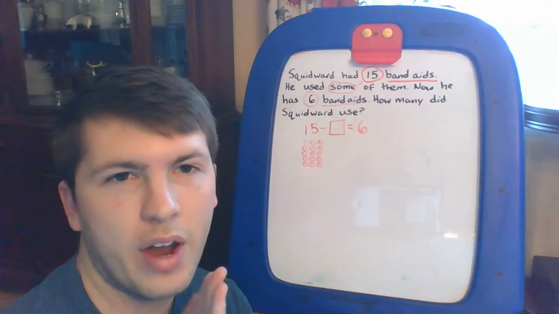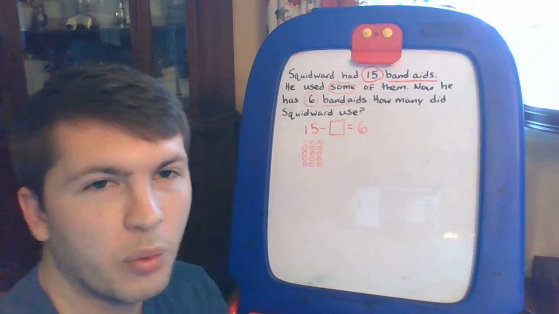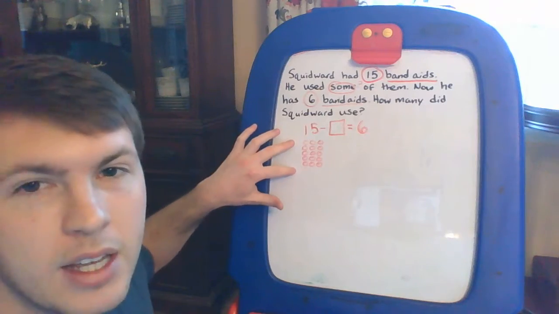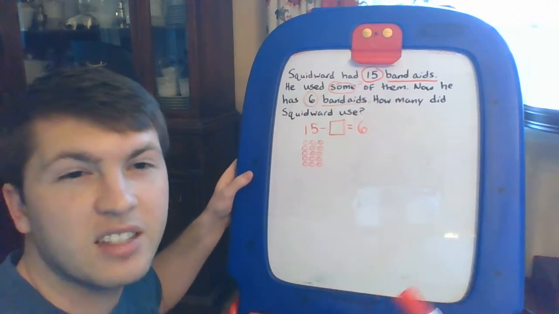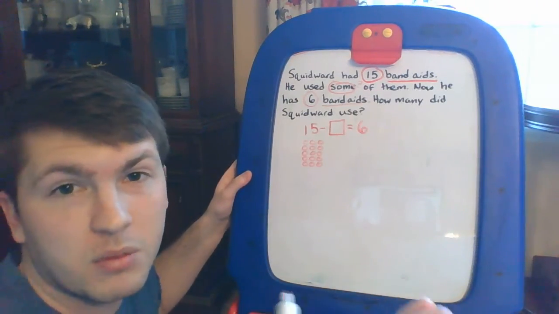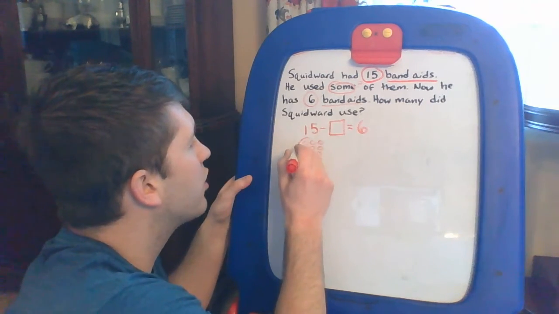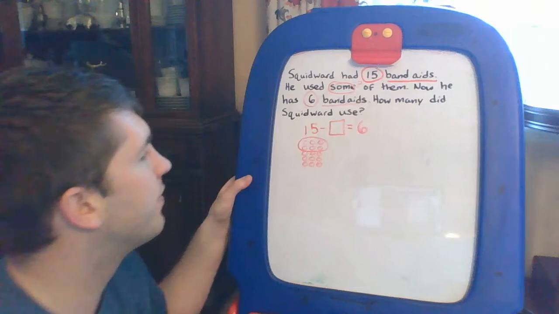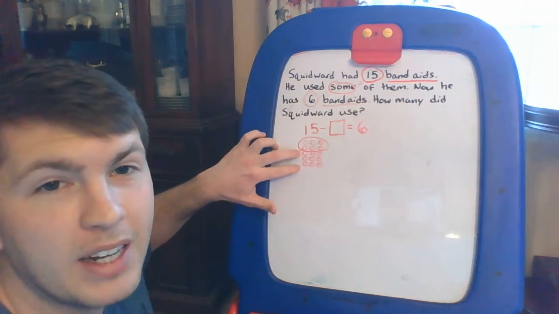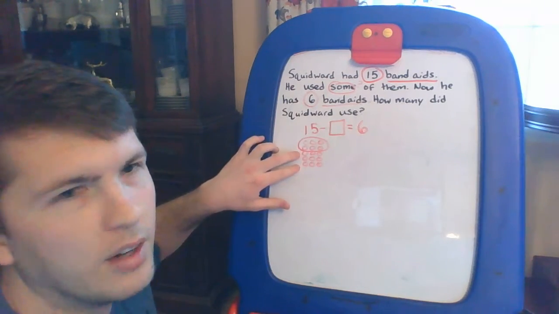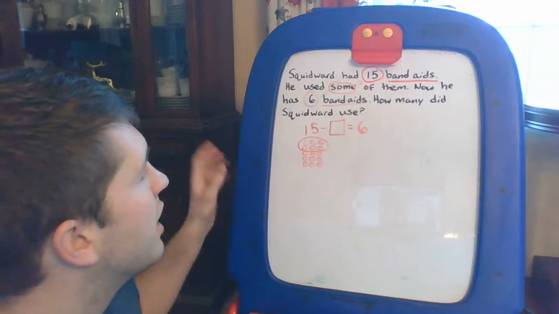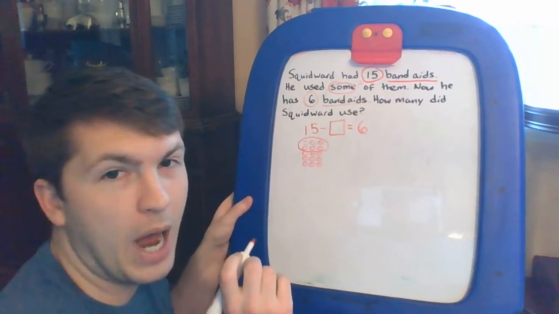I know there has to be 6 left. So what I'm going to do with these 15 band-aids is circle 6 of them because that's what's going to be left. What Squidward's still going to have. So I'm going to take my marker. I'm going to circle those 6 band-aids. All of these band-aids down here, that's what we're getting rid of because that's what he used. So I'm going to X them out and count them as I go.